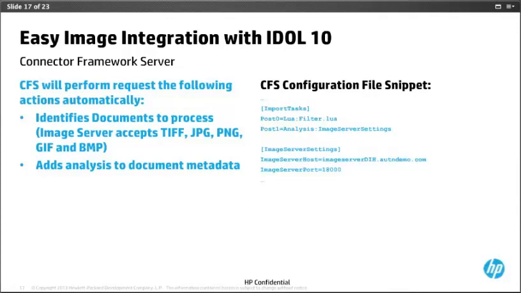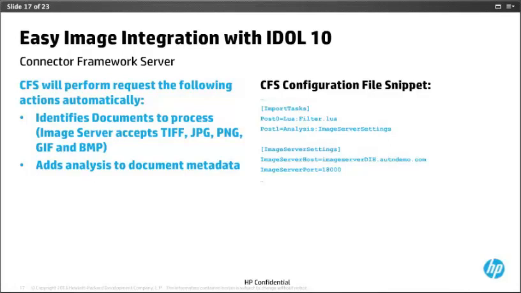We also will address the actual occurrence of an image server in this. In the connector framework services, you're not limited to just one instance of an image server. You can actually set up multiples of them. Each one can either have a dedicated task, or you can have multiple tasks invoked in a single call to an image server through the configuration parameters in the connector framework services configuration file.